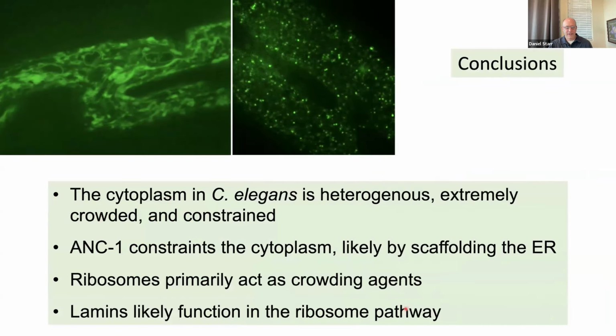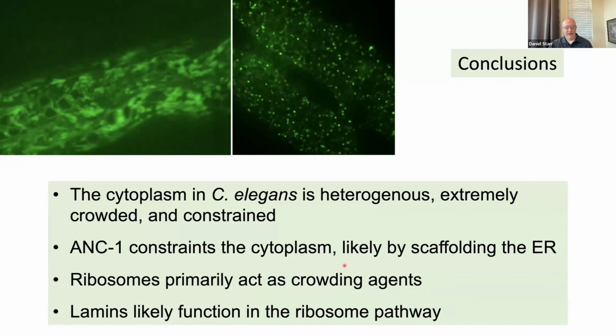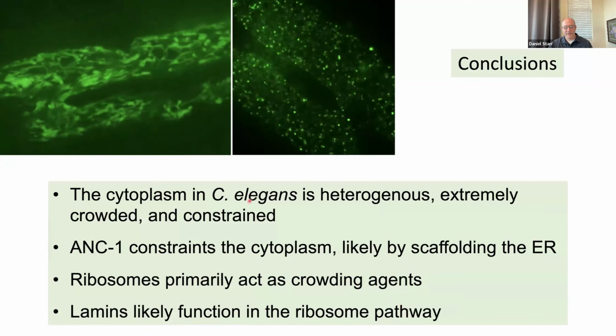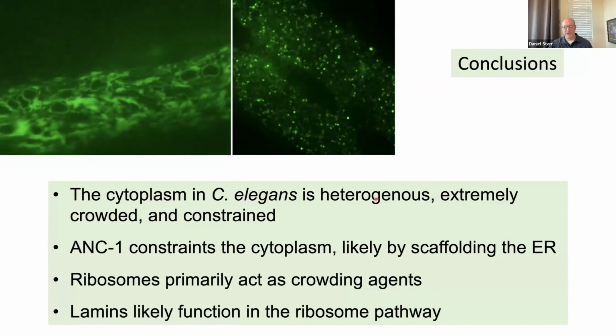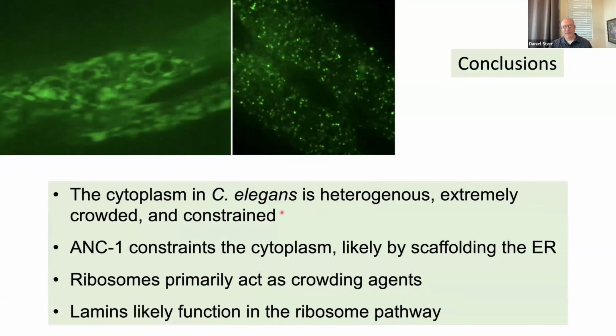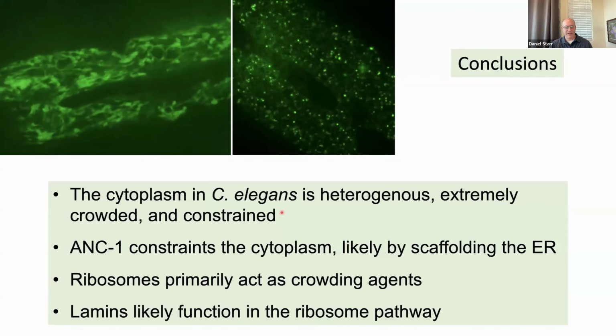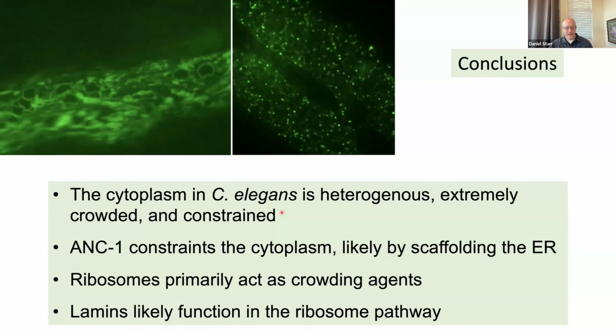All right. So the main conclusions from my talk today are that the cytoplasm in vivo in tissues of C. elegans is very heterogeneous, extremely crowded, and constrained. This is quite different and surprising from what others have reported in yeast cells and mammalian tissue culture cells.